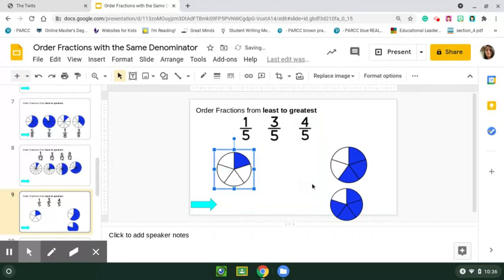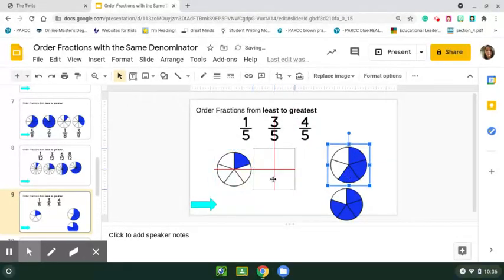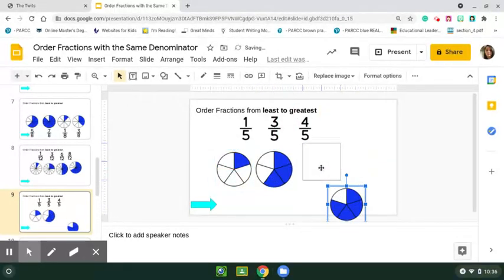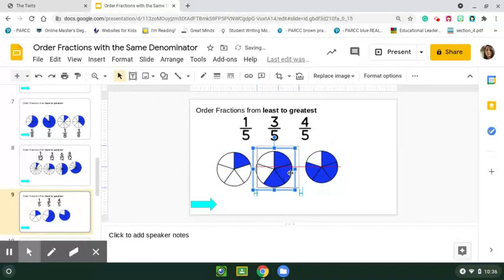I'm just moving the circles too. You don't have to draw the circles because that could be tedious right now. We're just talking about the fractions. So from smallest to biggest, least to greatest is 1/5, 3/5, and then 4/5.